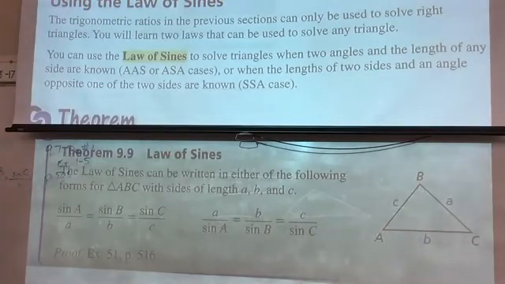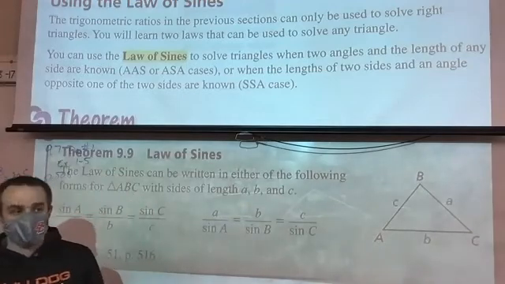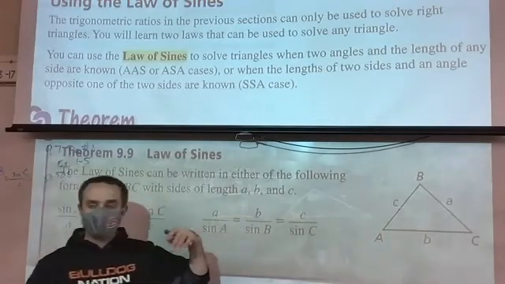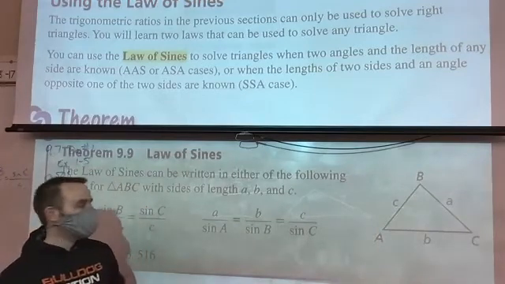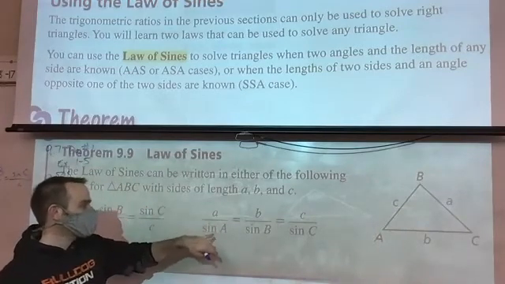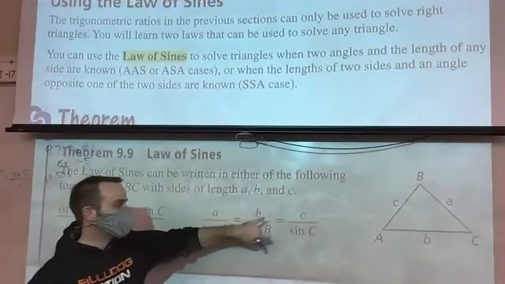So what we're looking at here is a proportion, right? It's fractions with an equal sign, it's a proportion. And this is telling us that the ratio of the side length and the sine of the opposite angle is always going to be equal in any triangle.